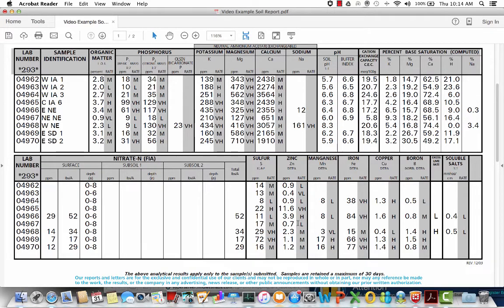You probably should expect to be making recommendations for more nutrients on sandy soils because they're just less likely to hold them. And since they burn through the organic matter quicker because of the larger pore space and generally a little better aeration, often they have lower organic matter percentages and aren't able to supply some of those nutrients through organic matter like a heavier soil might be able to.